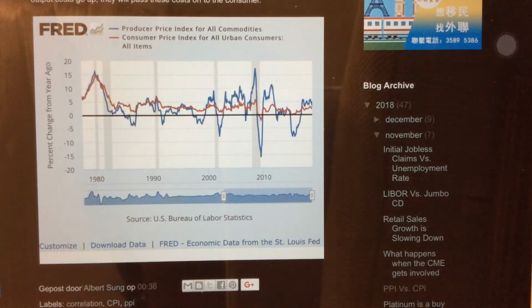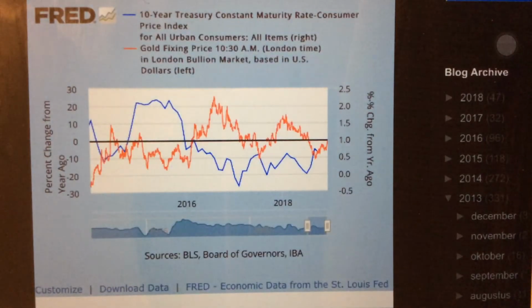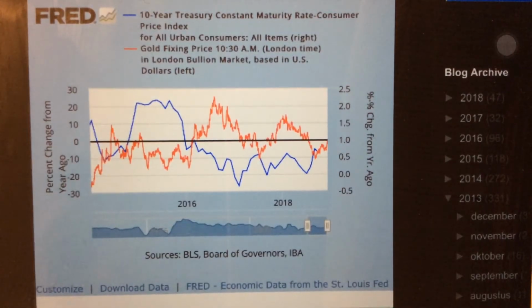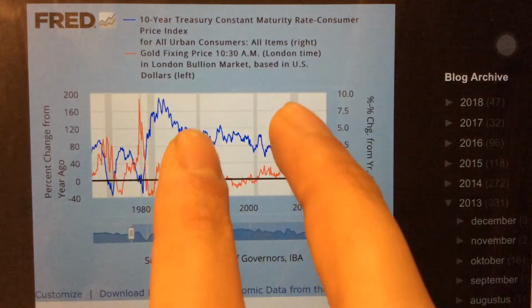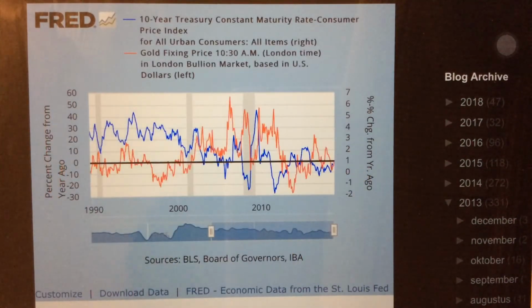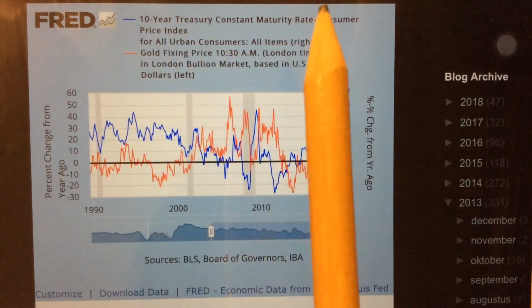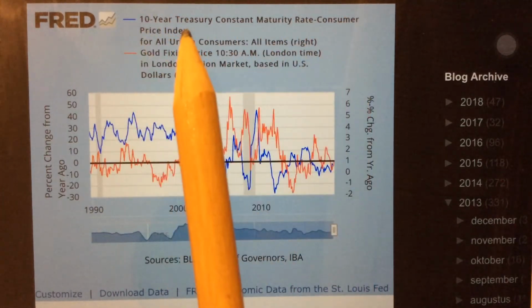Let's go to the 10-year yield. And here we can see that this is the index of the 10-year yield minus the consumer price index.